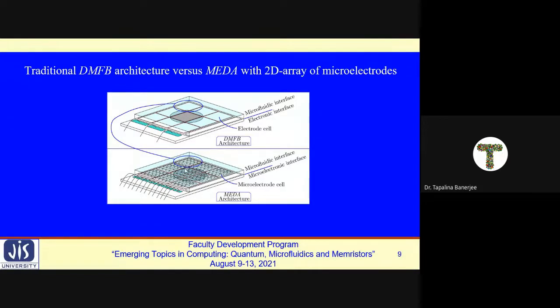A set of microelectrodes forms a functional electrode. Here it is. We can see that a single electrode is now going to be treated as a set of microelectrodes. A set of microelectrodes forms a functional electrode and high voltages are applied to them in order to perform certain fluidic operations.